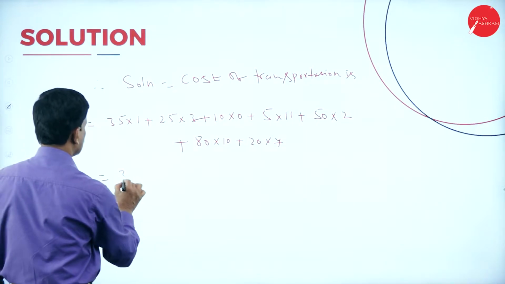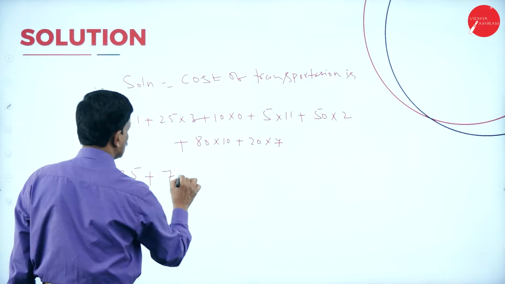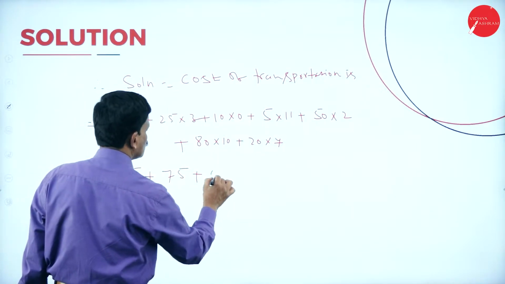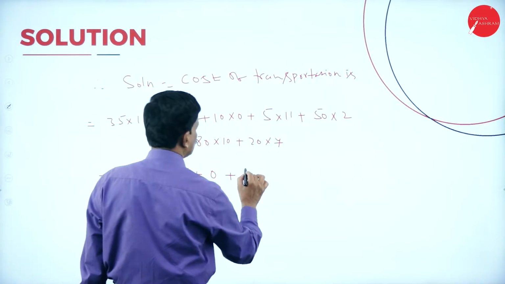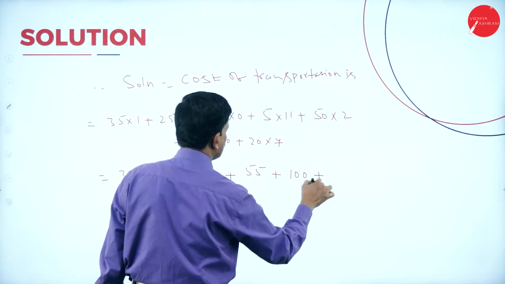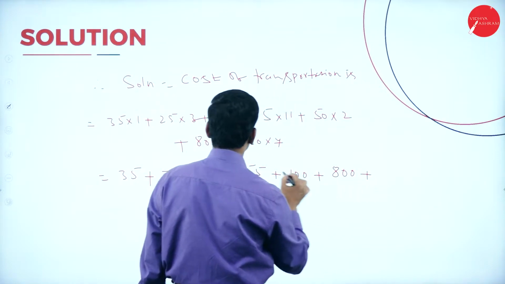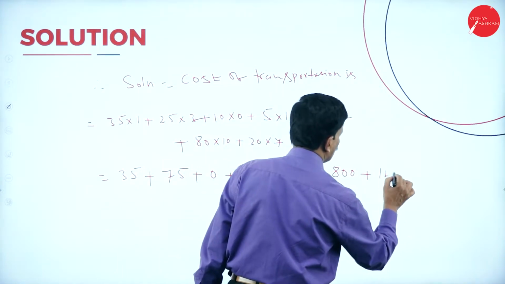So 35 into 1 is 35, 25 into 3 is 75, 10 into 0 is 0, 11 into 5 is 55, plus 50 into 2 is 100, plus 80 into 10 is 800, plus 20 into 7 is 140.